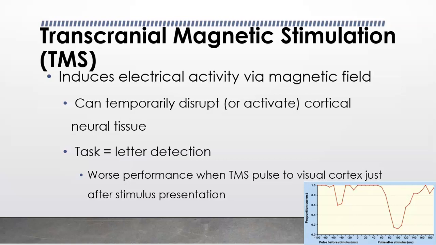One study that has been done with this is letter detection. They had patients try to detect or recall letters. And when they put the TMS pulse to the visual cortex, what they saw was that people weren't able to detect the letters as much.